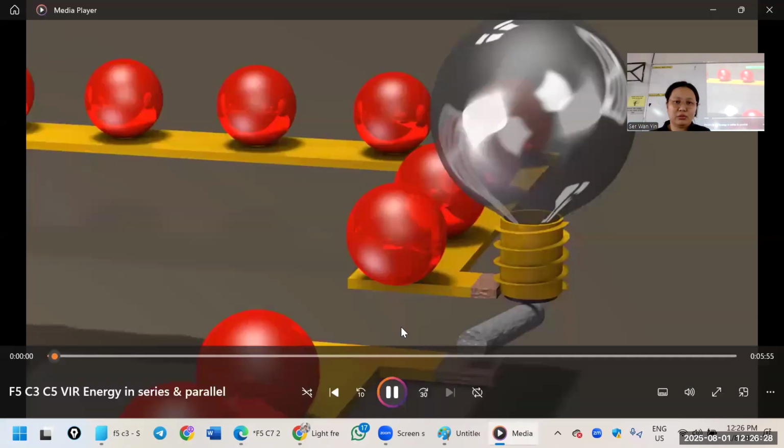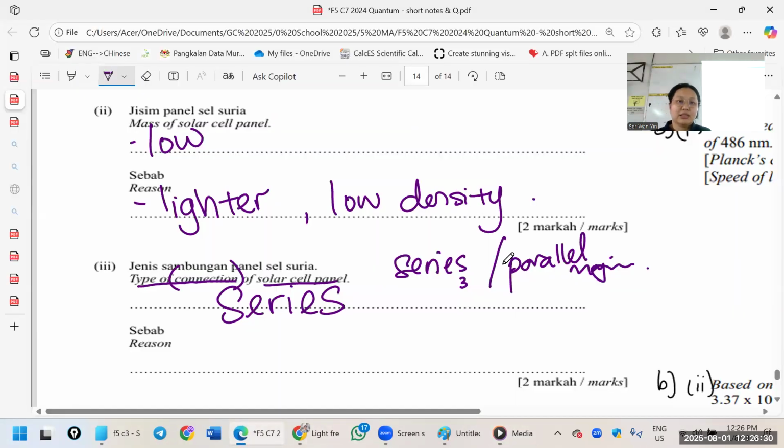Okay, before we continue, I want to ask, solar cell panel, is it a source to provide energy, or a device that uses energy? Produce energy. Can we treat it like a battery? You can treat solar cell like a battery.